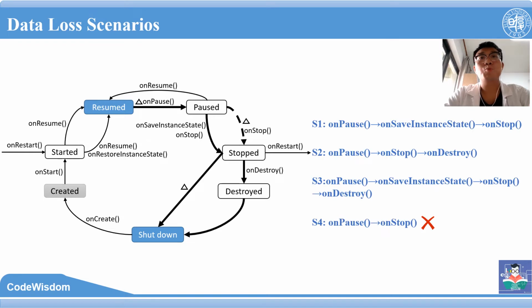They are S1: onPause, onSaveInstanceState, onStop; S2: onPause, onStop, onDestroy; S3: onPause, onSaveInstanceState, onStop, onDestroy; and S4: onPause, onStop.